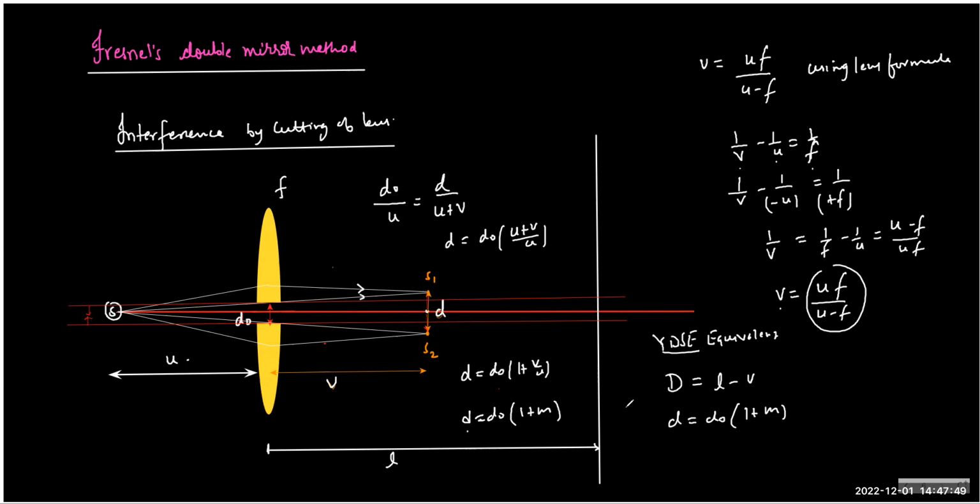You can think this way: physical and non-physical. Let's not call it virtual. It's like a non-physical source, okay? Yes, sir. Here, virtual means just that the light rays are intersecting at that point. So there is nothing physically present there, right? Yes, sir.